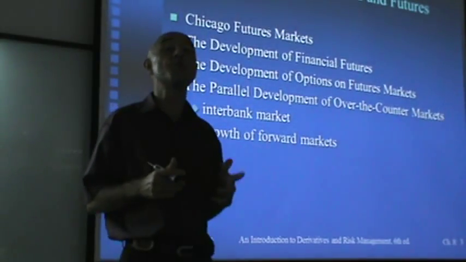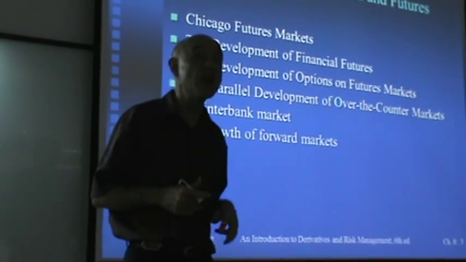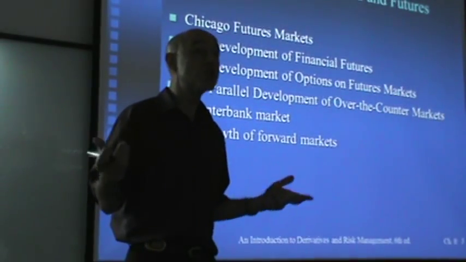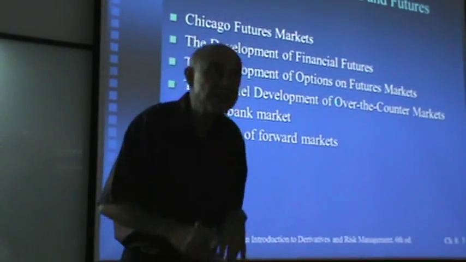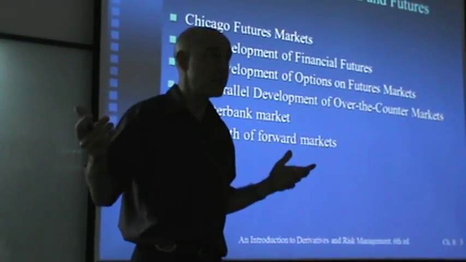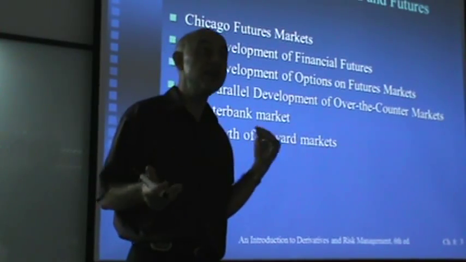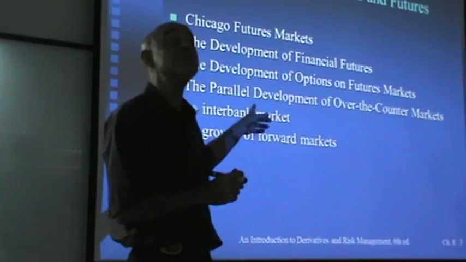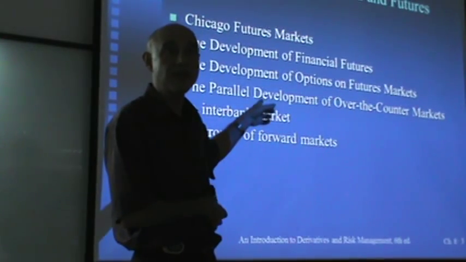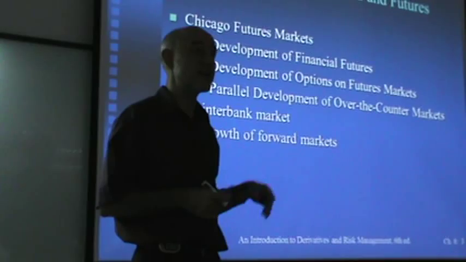Over-the-counter markets will be associated mostly with major commercial banks. We call these money center banks. These are the largest commercial banks in the world. Back in those days, investment banks were very small and they didn't play a major role in these markets. Only commercial banks played.